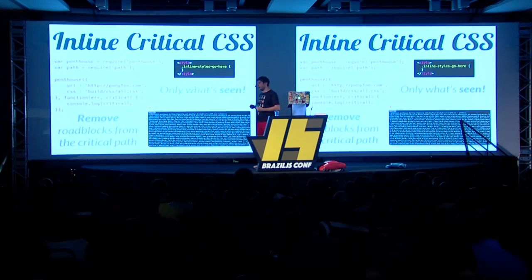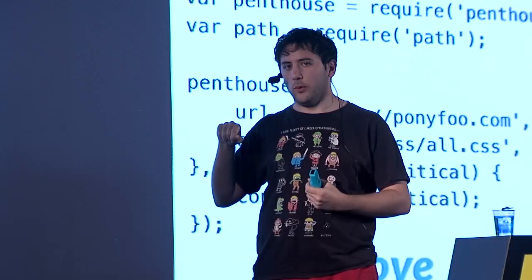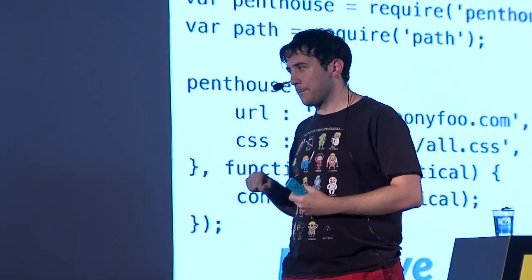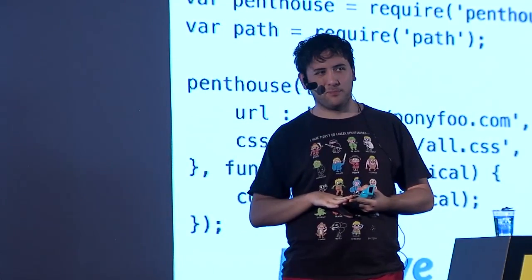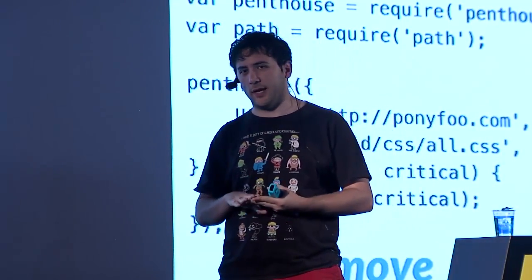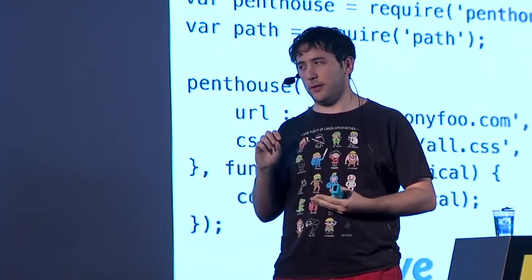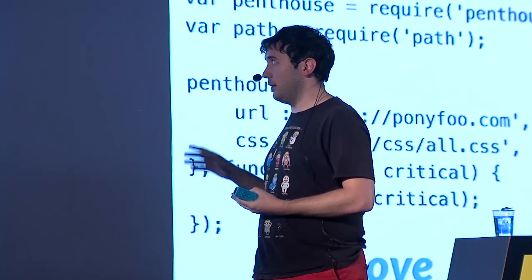Inlining critical CSS. This is the part that has actual value when you want to load styles asynchronously. It's pretty unusual to load styles that aren't fonts asynchronously if you don't do this.